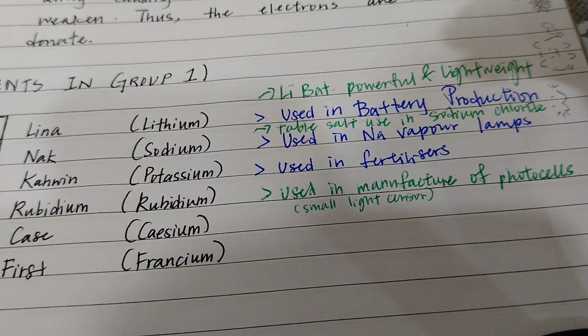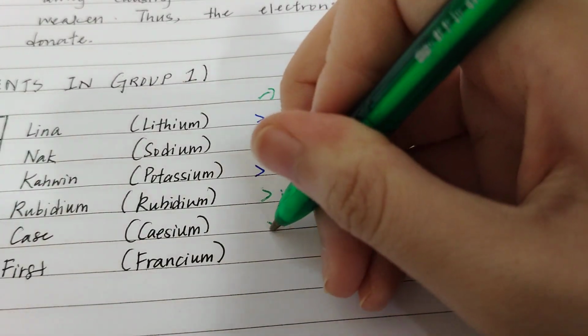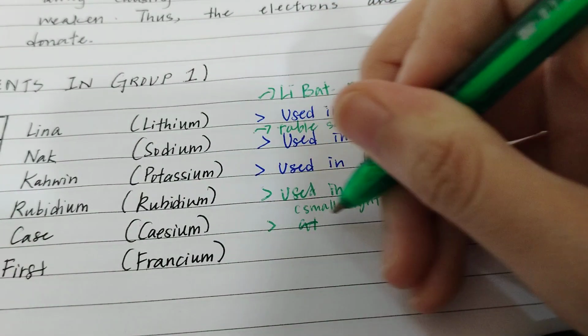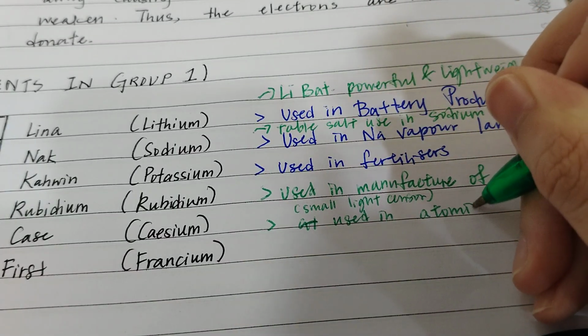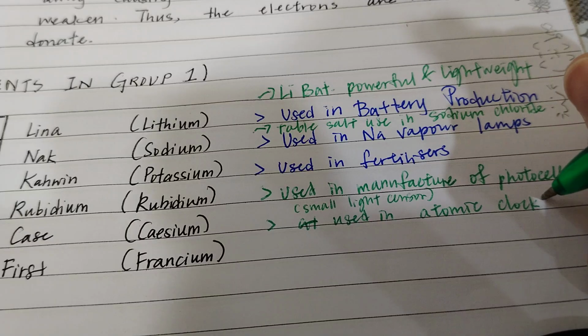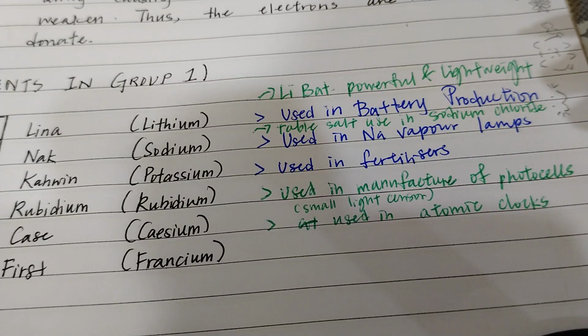Okay, and then we have caesium, which is used in atomic clocks, which is an extremely accurate type of clock that is regulated by vibrations of an atomic or molecular system such as caesium. I'm not writing that, that's way too long.